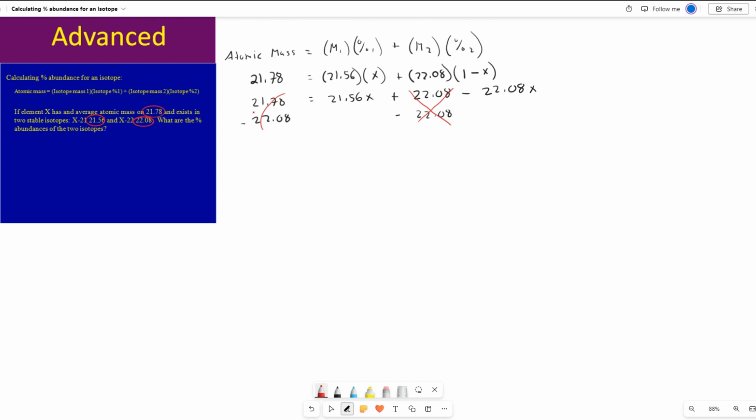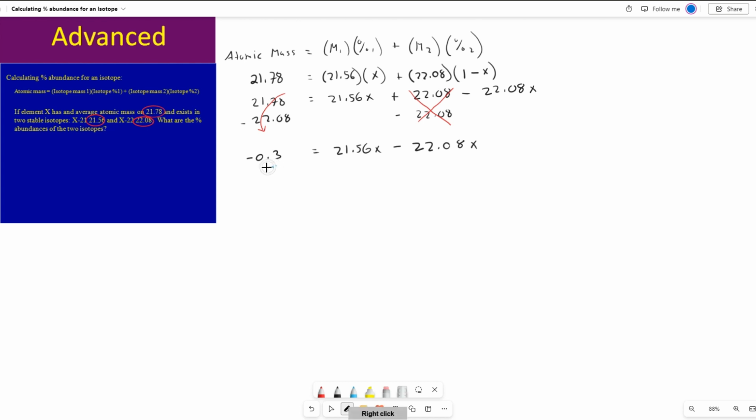And on the left, if you take 21.78 minus 22.08, you end up with negative 0.3. And that would then be equal to 21.56x minus, these terms canceled out, 22.08x. All right, we're getting somewhere now.